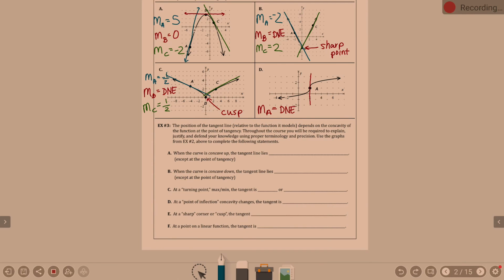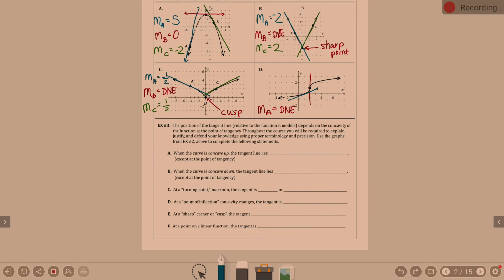First of all, concave up, concave down. We haven't talked much about concavity, right? Do we know what concave up versus concave down is? I'm trying to remember if we talked about it in pre-calc or not.